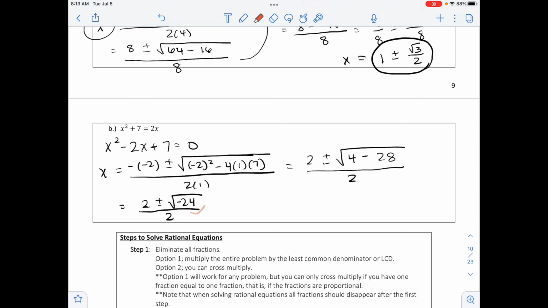And this is an issue. We're not allowed to have a negative inside a radical for real solutions. Those are going to be our imaginary solutions. And for our class, we only deal with real solutions. And so this is not real, so we are going to go ahead and say that there's no solution to this.